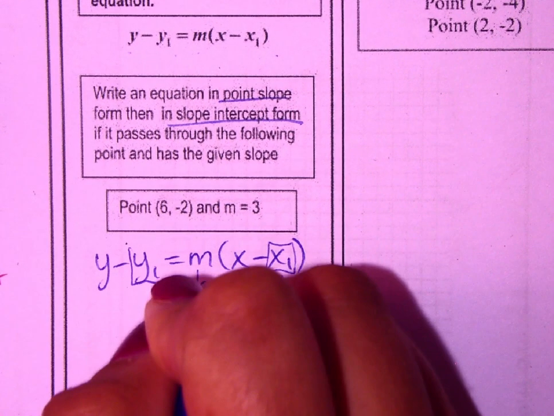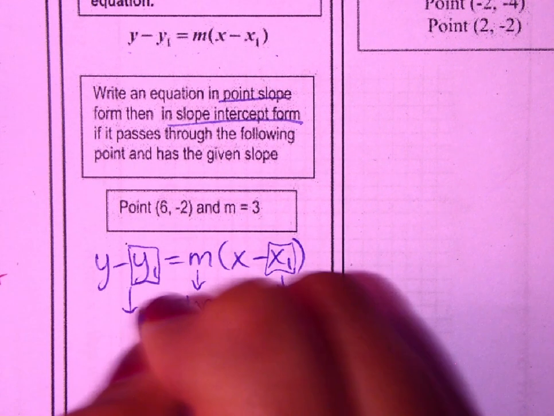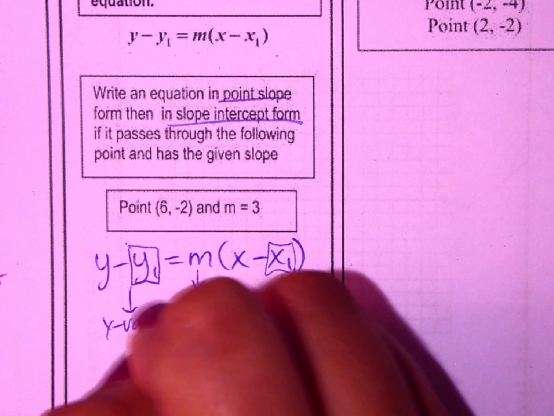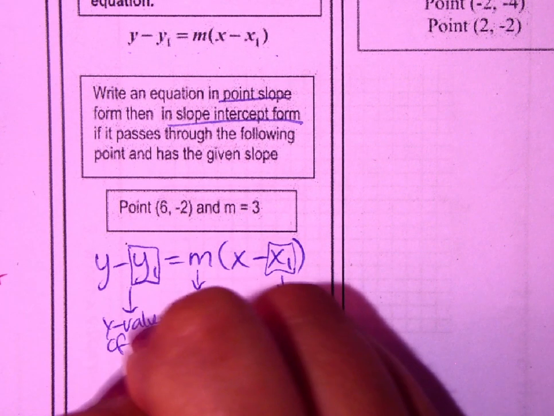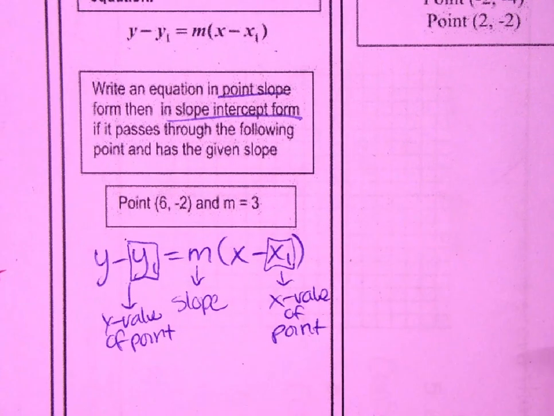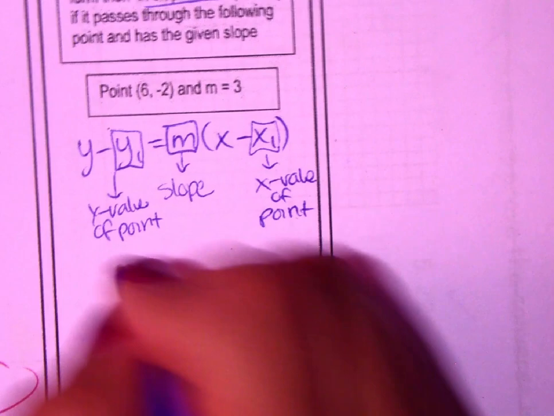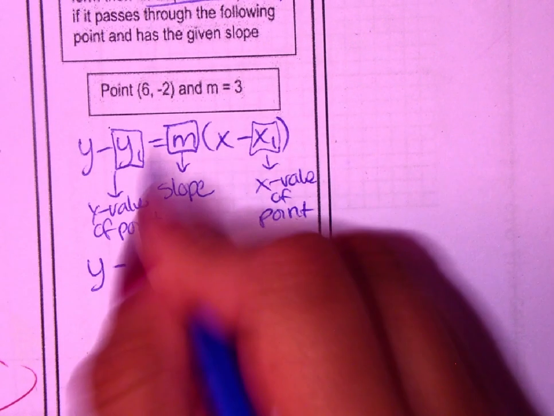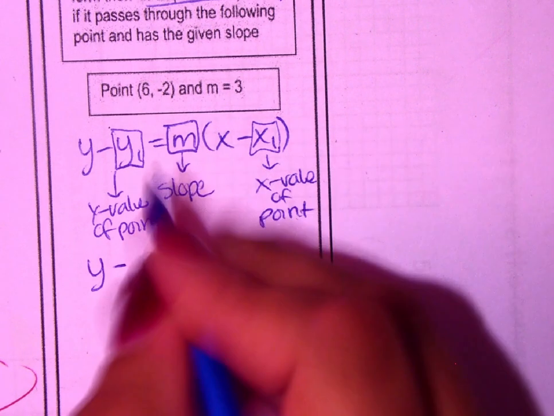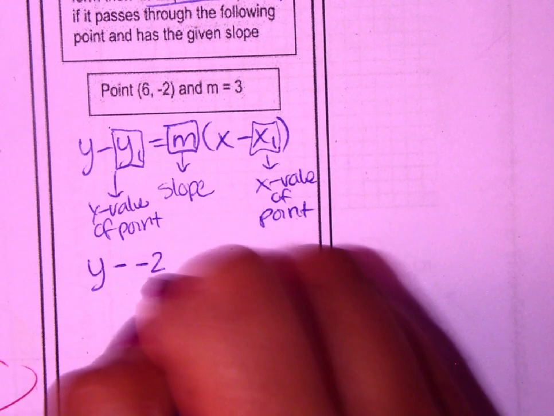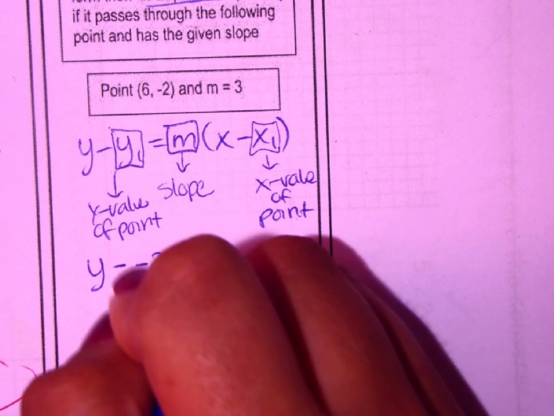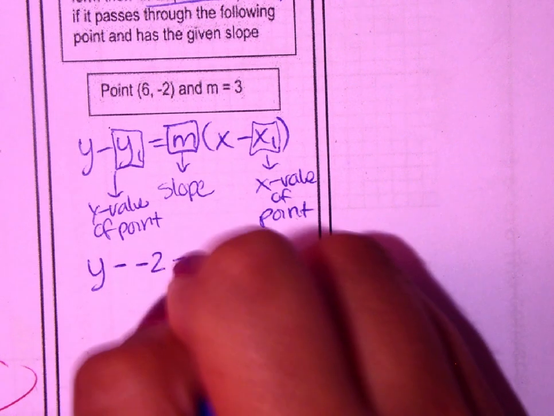And then right here, the y value of the point. So if we substitute these sections, we're going to have y minus the y value, which is negative 2. So you do have to write that, minus negative 2, equals the slope.